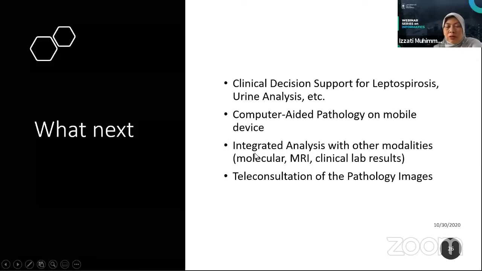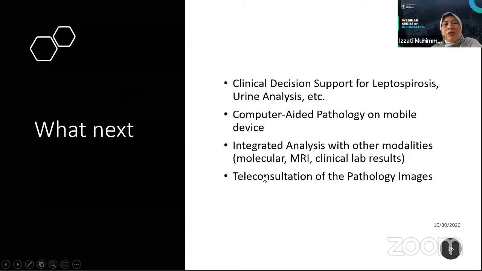We also want to develop an integrated analysis system that incorporates the pathology reading with molecular, MRI, or clinical lab results, so we have integrated analysis with other modalities to define diagnosis.